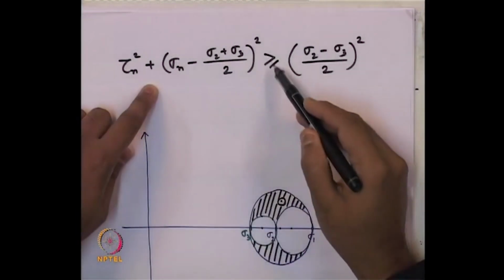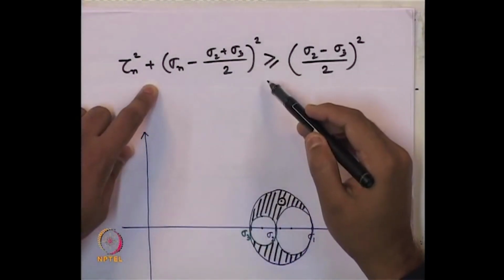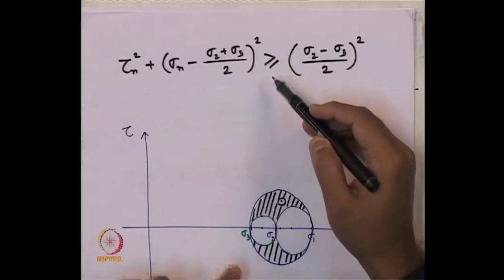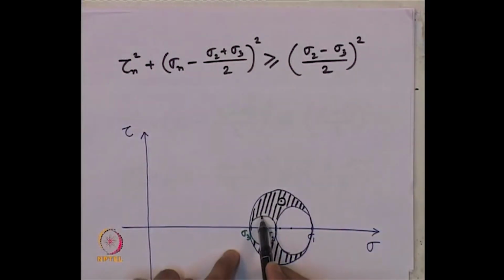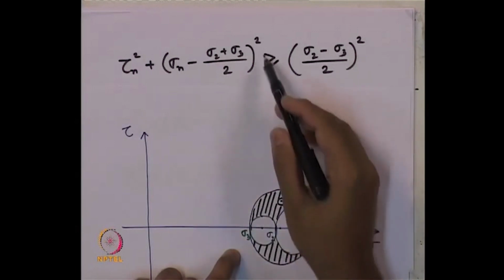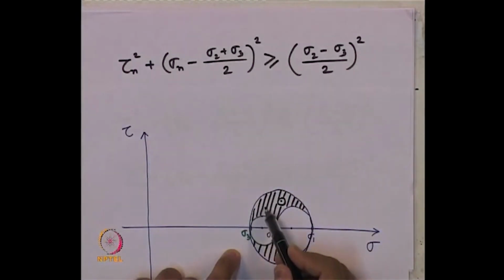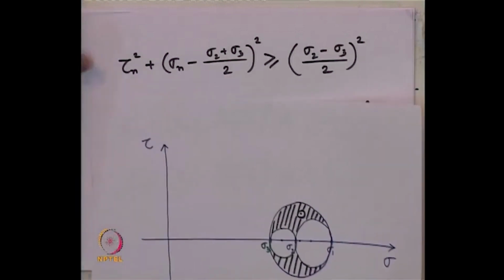That is what this inequality sign denotes, right? The equal sign shows that the point can lie on the circumference of the circle. The greater than sign denotes the point can lie outside this smaller circle between sigma 2 and sigma 3. Clear?